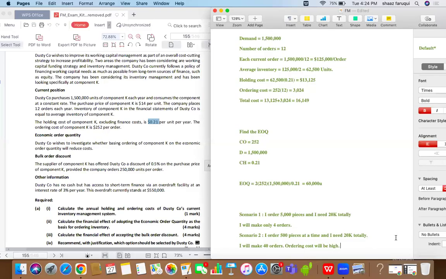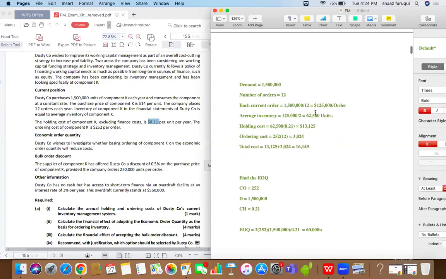That's exactly what is happening here as well. Earlier, we were ordering more at a time. So the number of orders was lower. Because the number of orders was lower, the ordering cost was lower. But now, with this EOQ in place, we're buying fewer units at a time.